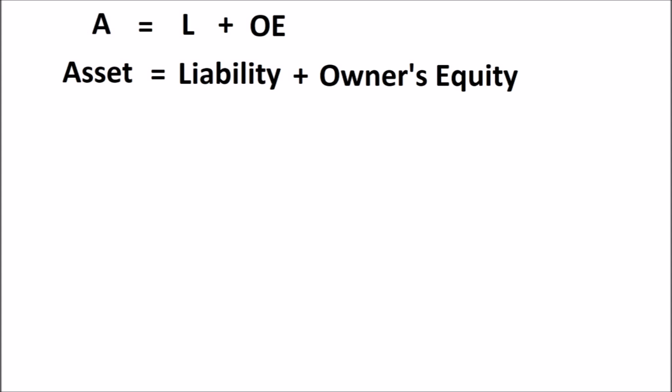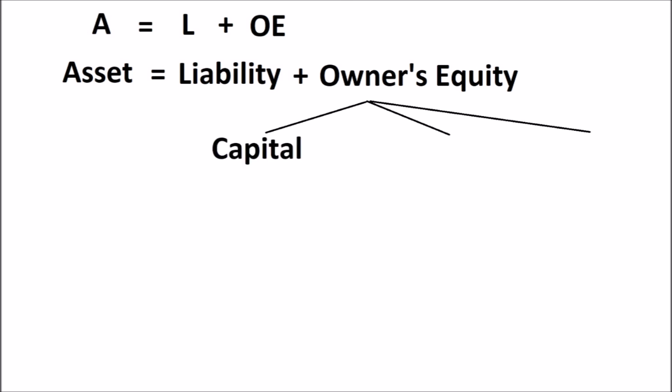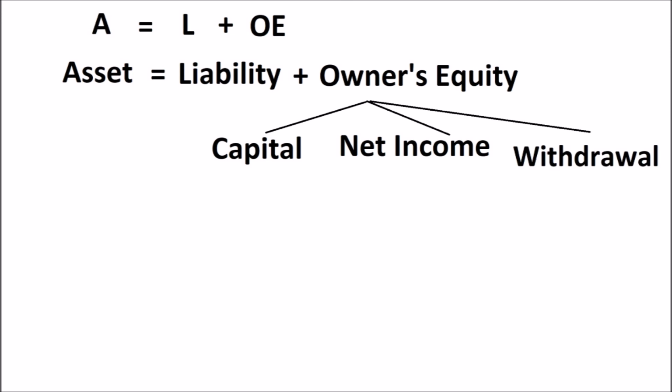Now, OE or owner's equity actually has three components built into it, which are capital, net income, and withdrawal. Capital is the amount you initially put into your business. Net income is what you generate throughout the year. And withdrawal is basically withdrawing funds from the business.